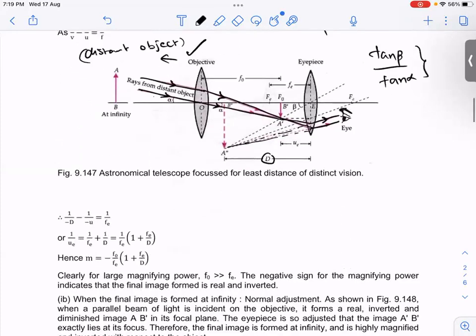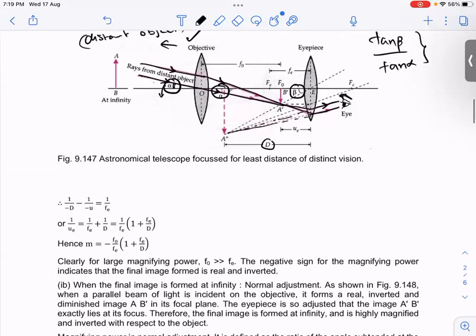The angle subtended by the object at the eye is alpha, so the vertically opposite angle is also alpha, right? And this is beta, the angle subtended by the image at the eye.